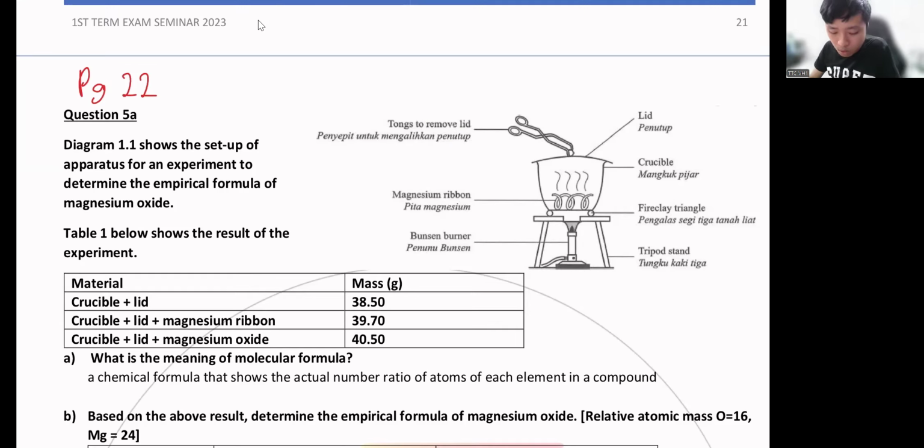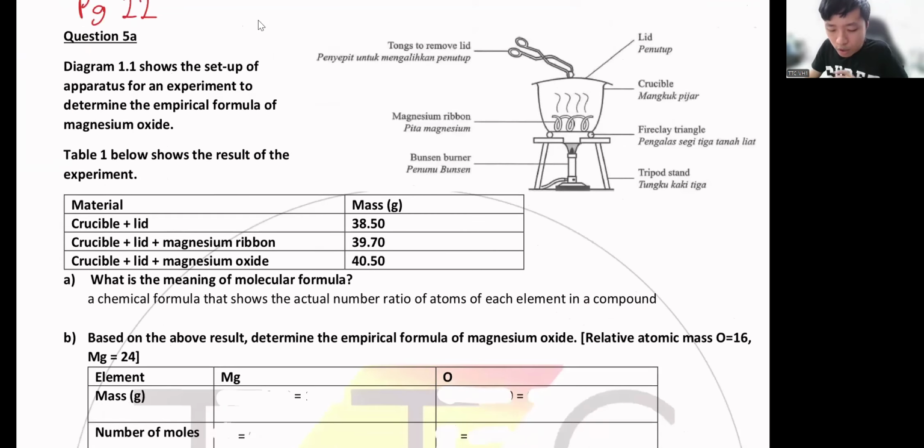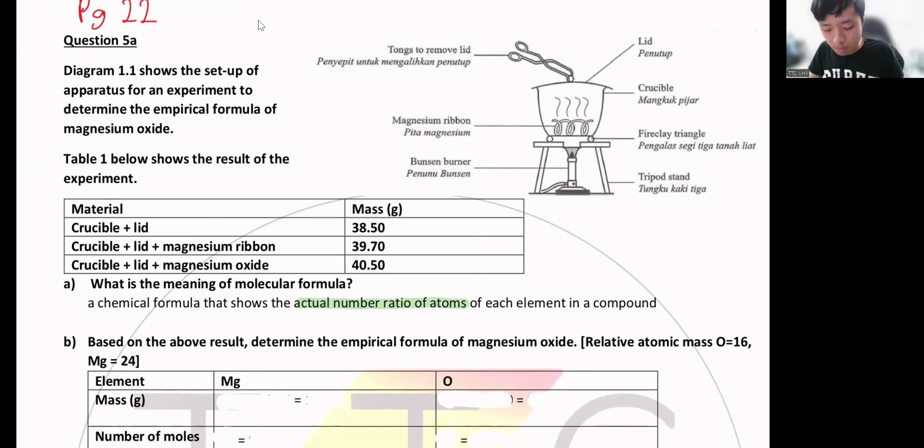So you can write out the molecular formula meaning first. A molecular formula shows the actual number ratio of atoms, the real formula.